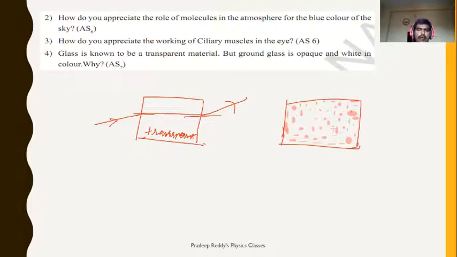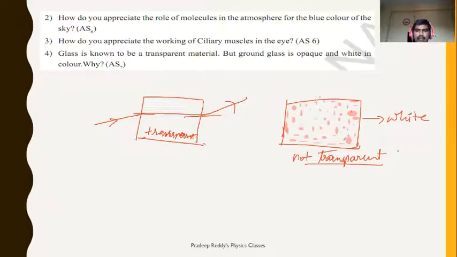And in case of ground glass, even though it is glass, as it is ground, it is not completely transparent. It is not transparent. Because of the grounding of this glass, it completely appears white.